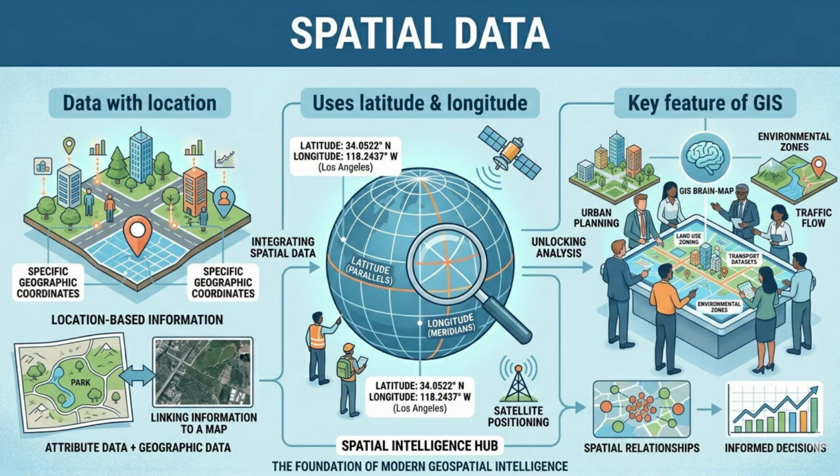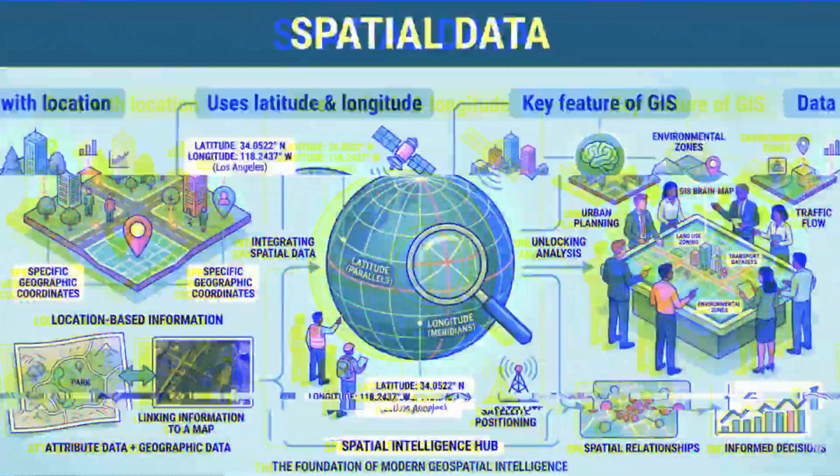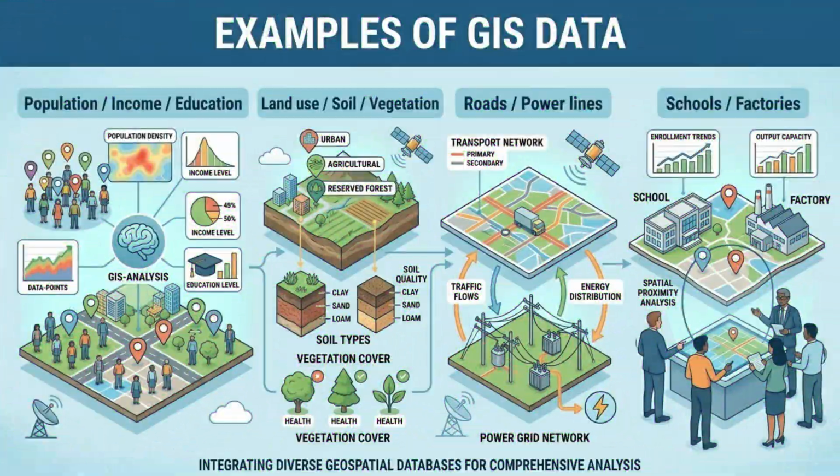Spatial data. One of the most important features of GIS is that it works with spatial data. Spatial data simply means data that is linked to a specific location. In other words, if data has a geographic position, it can be used in GIS. Data examples. Any information that can be connected to a place on Earth can be used in GIS.